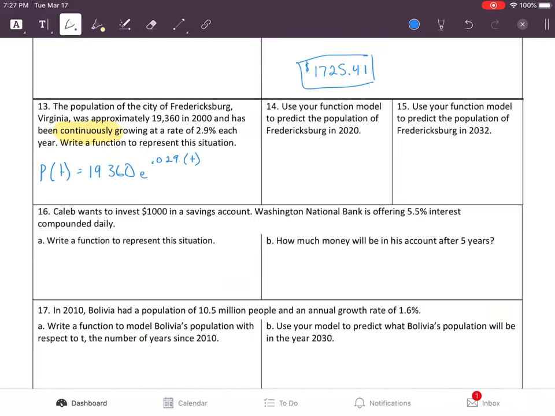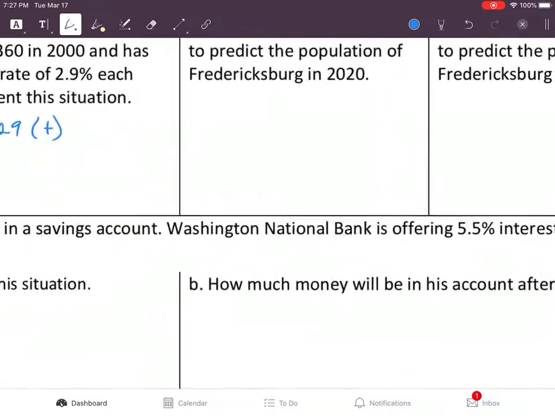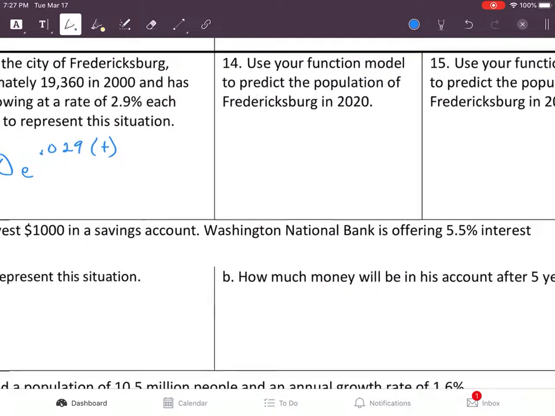Okay, so we're going to use the same thing. We're going to zoom in. P of t equals 19,360 times E to the 0.029. And since it's from 2000 to 2020, it's just 20 years.